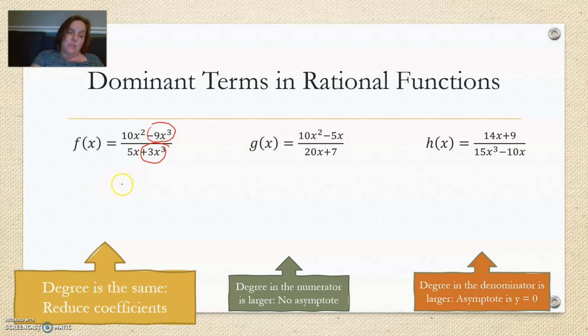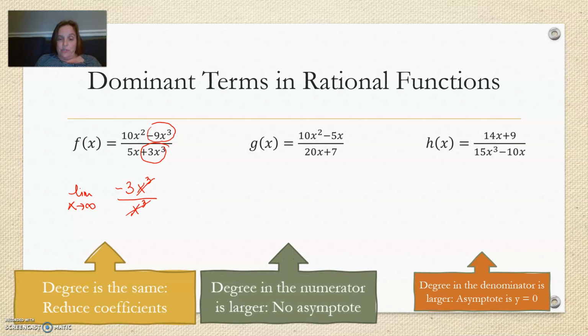So as I take a limit out to infinity, this function reduces to negative 3x cubed over x cubed, and then the x cubes cancel. So the asymptote for this function is y = -3.